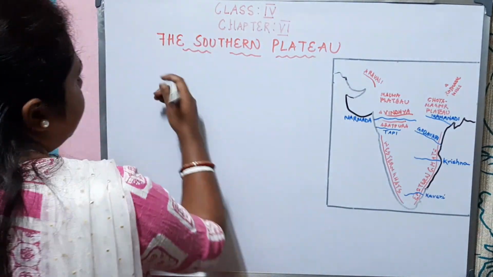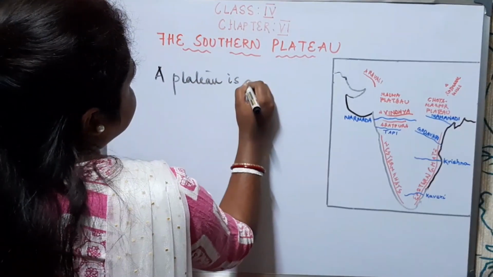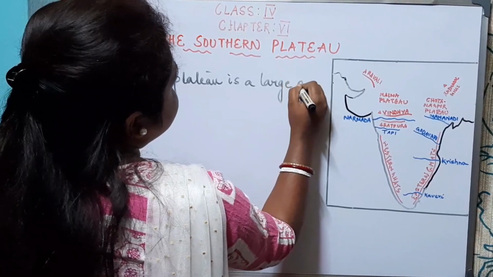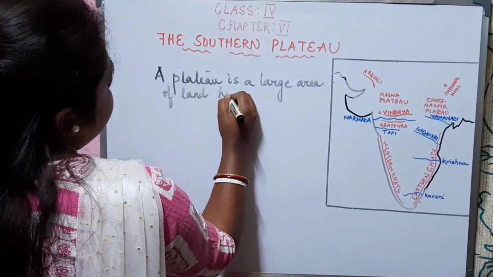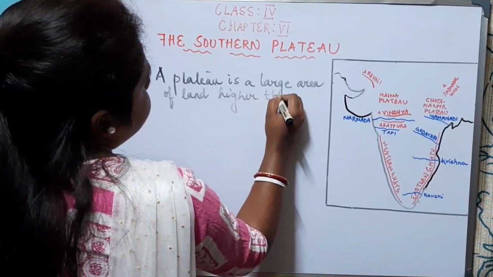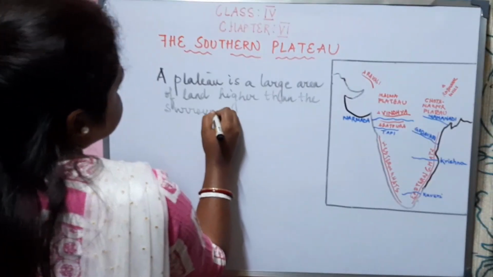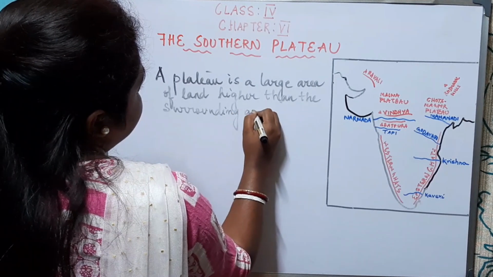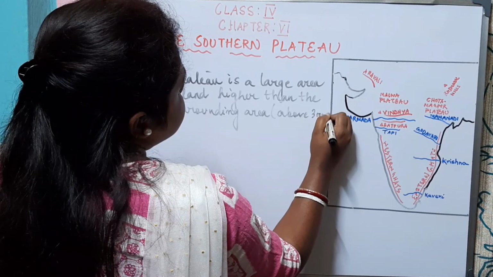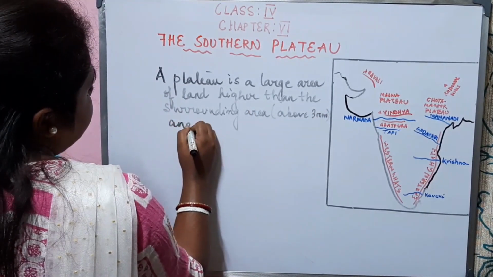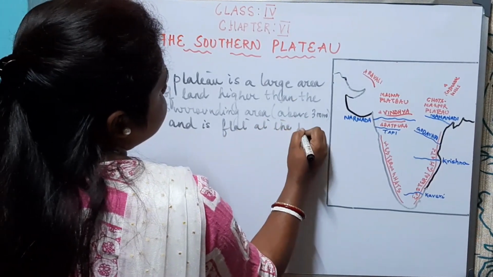A plateau is a large area of land higher than the surrounding area, above 300 meters, and is flat at the top.